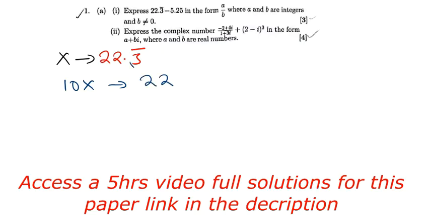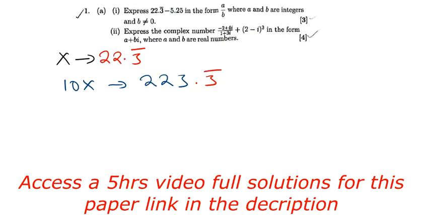Now this 3 will move, so it would be 223. Remember, we're saying the number is 22.33 recurring, so if you multiply by a 10, you still have recurring 3's there, right? So it will still be 0.3, so this is still 3 recurring, by the way.